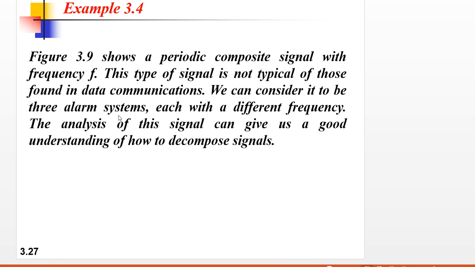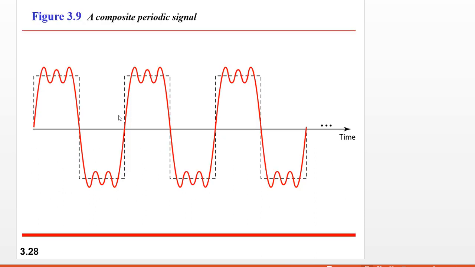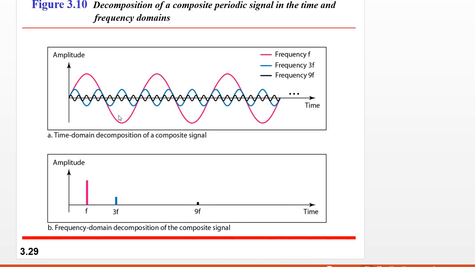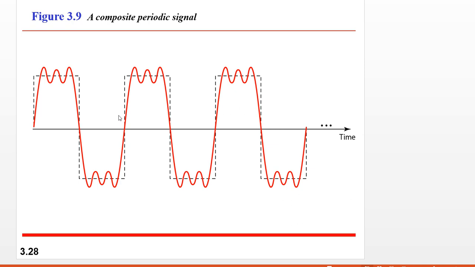The analysis of this signal can give us a good understanding of how to decompose signals. The decomposition is also given with the dotted lines. If you split the composite periodic signal, you will get a series of discrete frequencies.